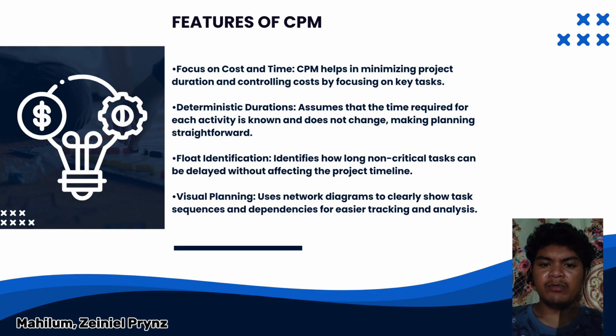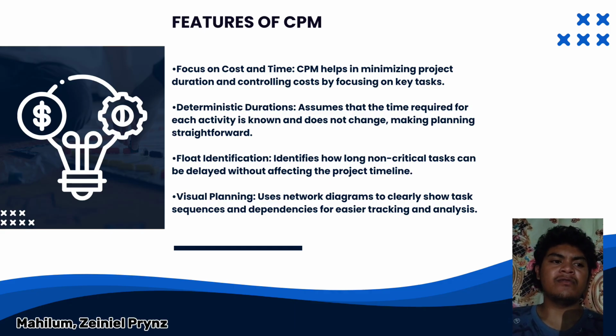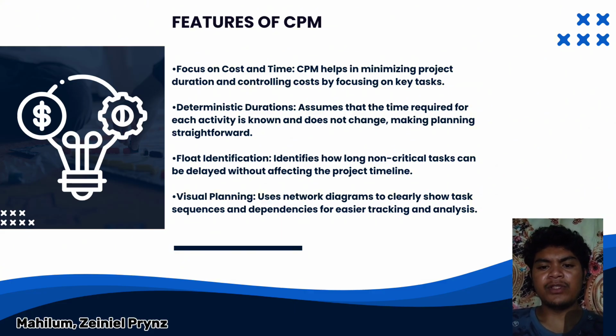Also, CPM has deterministic durations because it assumes that the time required for each activity is known and does not change, making planning straightforward. And then float identification, because it identifies how long non-critical tasks can be delayed without affecting the project timeline.